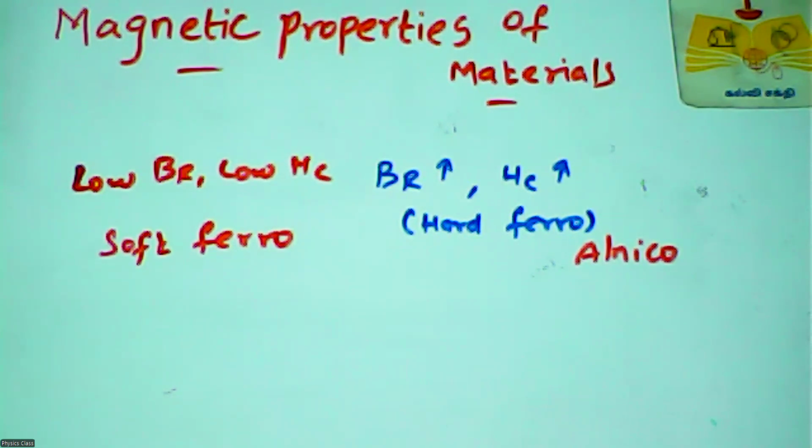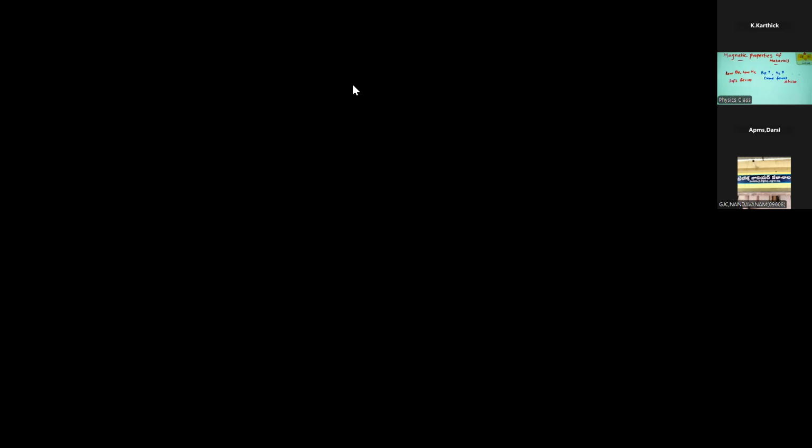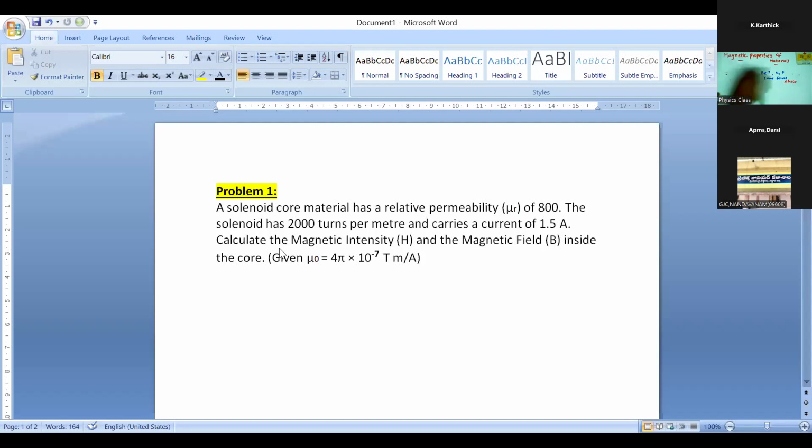I will share the sum problem question. So this is the first question. A solenoid core material has a relative permeability mu r of 800.